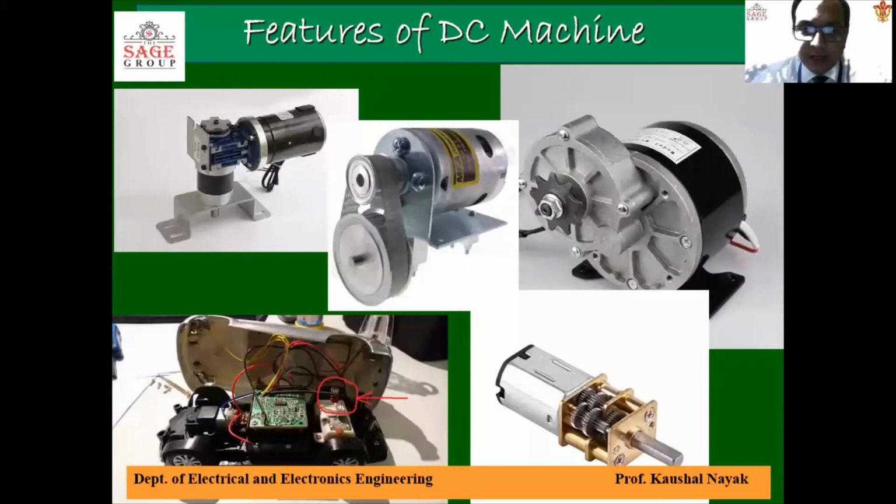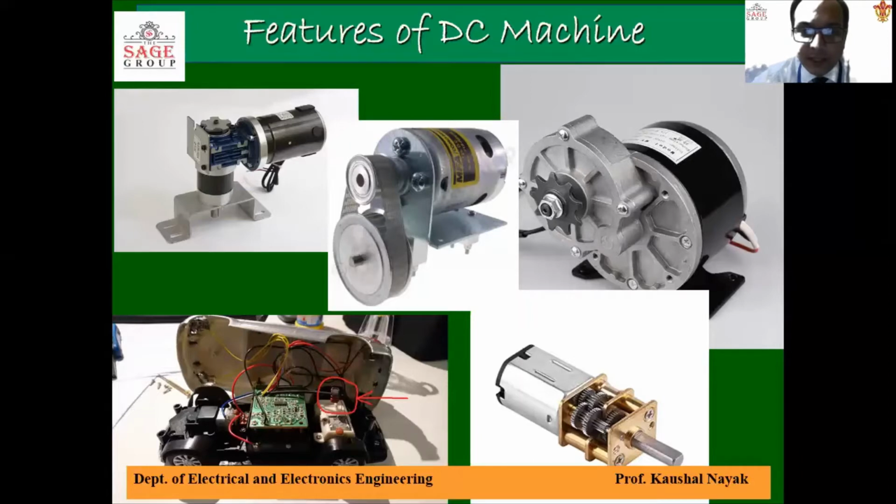DC machines find their application in various forms, ranging from small toys to large scale production in automobile industries. Although during its invention, it was more popular for high wattage industrial applications, where it used to be run as a motor as well as a generator for generating electrical energy.